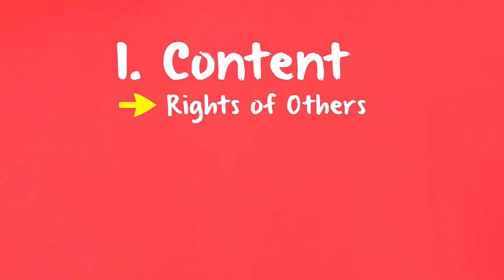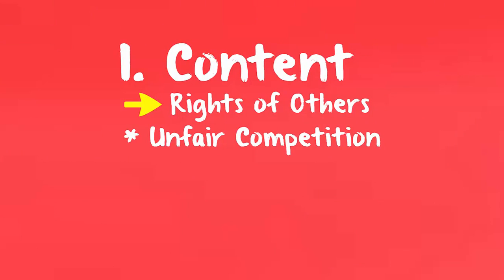The first type of risk involves content-related risks. And when we're thinking about those, we're concerned about violating the rights of others. If we violate the rights of others, then we can be subject to some fairly serious liability. So one type of content-related risk would be unfair competition.